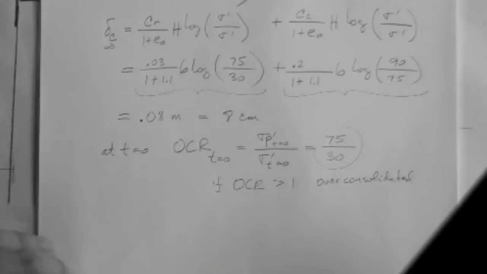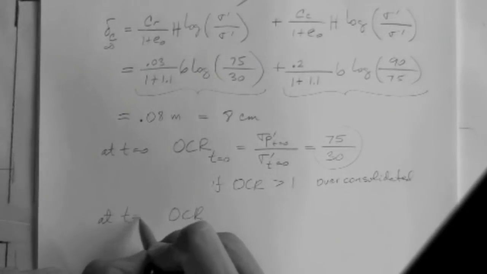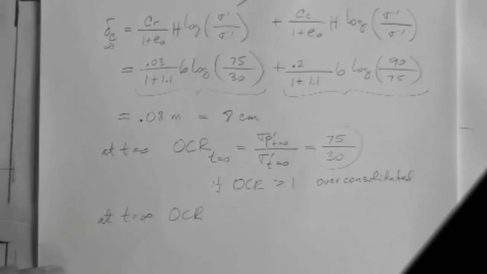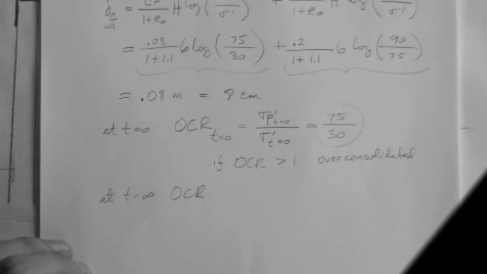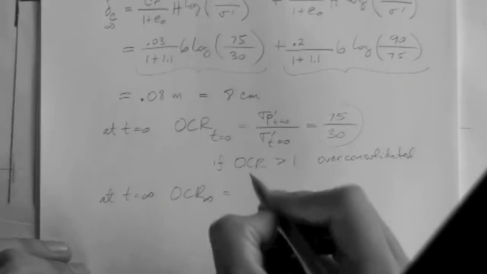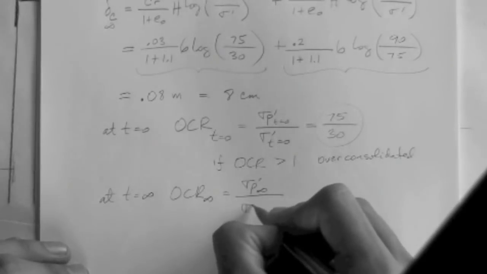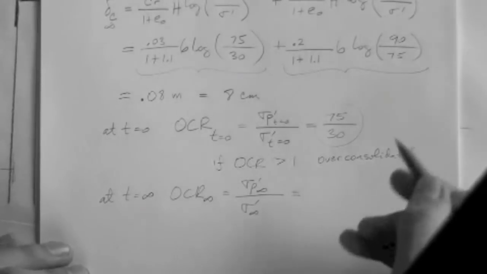What is the OCR at time equal infinity? Meaning, what is the OCR after consolidation has ended? That is the pre-consolidation stress at time equal infinity divided by the effective stress at time equal infinity.